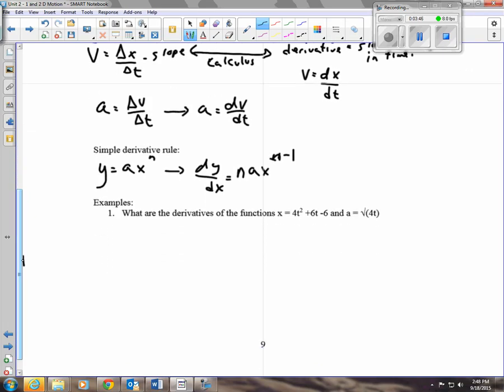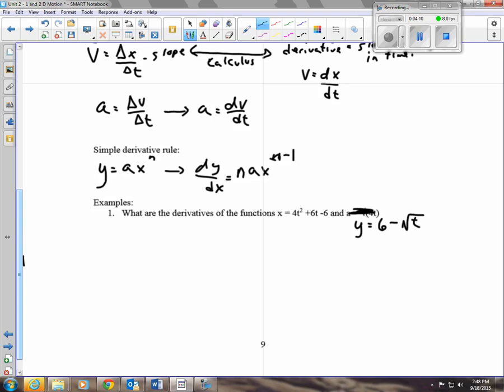Okay. So I'm going to do 2 examples here. Okay? And I'm going to change this one because I don't particularly care for it. I'm going to make this y equals root 6 minus square root of t.